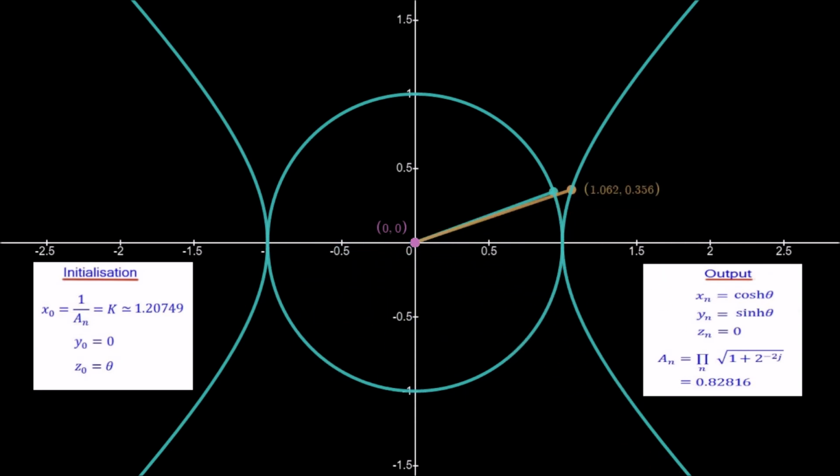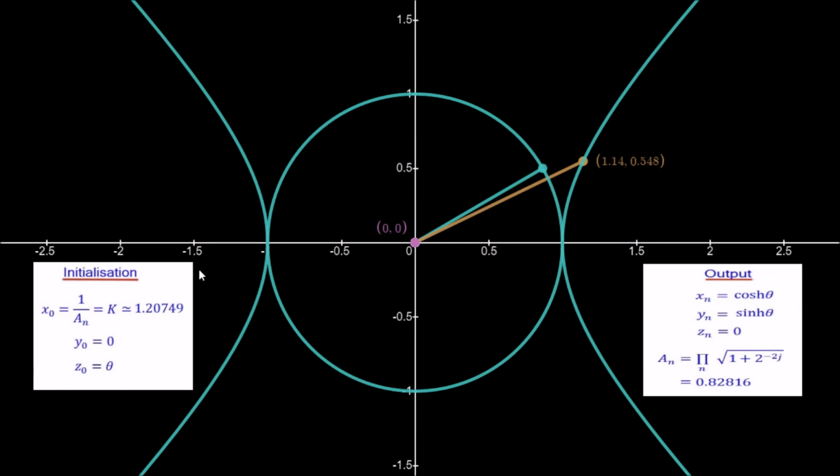Now I can set this to 30 degrees, so that's it sitting at 30 degrees here. At 30 degrees we're expecting the output for the cosh to give us a value of 1.14, and we're expecting the sinh to give us a value of 0.548, and these two figures match up with what we've seen in the previous page.